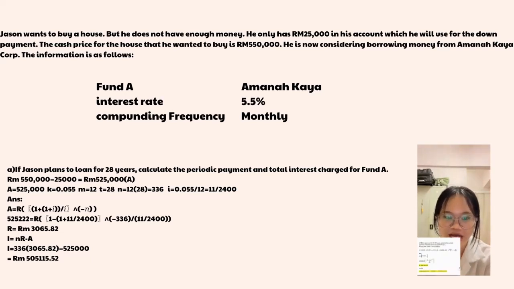For interest, I equal NR minus A. I equal to 336 open bracket 3,065 82 cents close bracket, minus with 525,000 equal to 505,115.52.